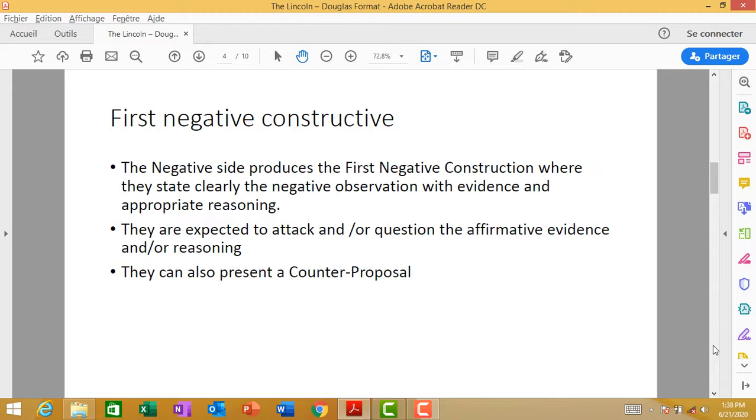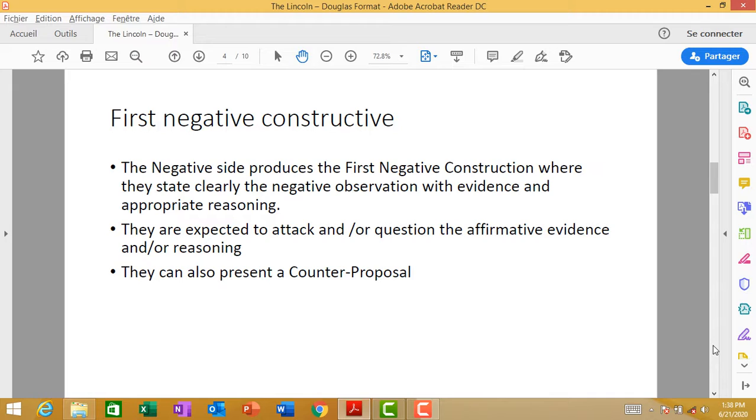And then after that, the first negative constructive. The negative side produces the first negative constructive, where they state clearly the negative observation with evidence and appropriate reasoning. What you need to understand here is that at this point, the negative is not yet objecting against what the pro said.